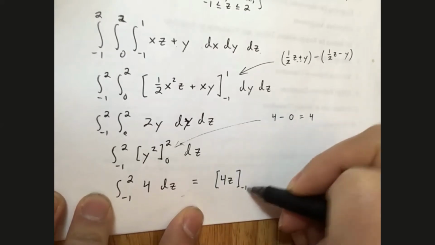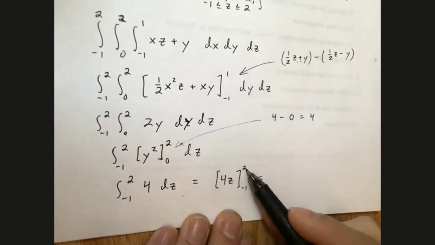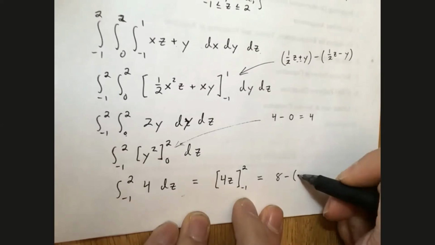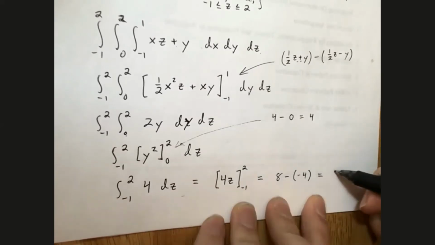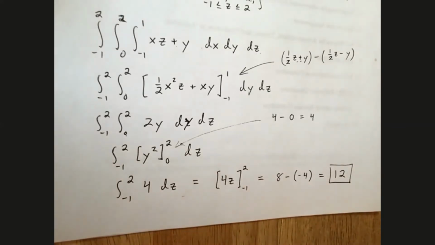Evaluate that from -1 to 2. And let's see, if I plug in 2, I get 8. If I plug in -1, I get -4. And so the answer is 12. All right, any questions on that one?